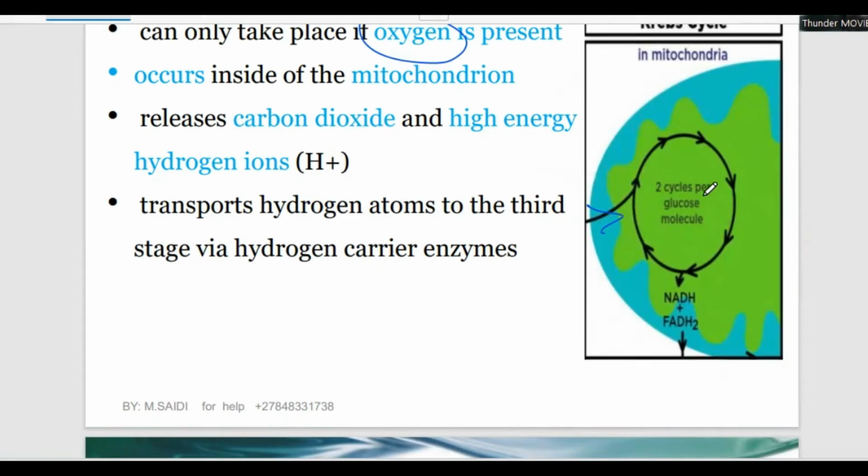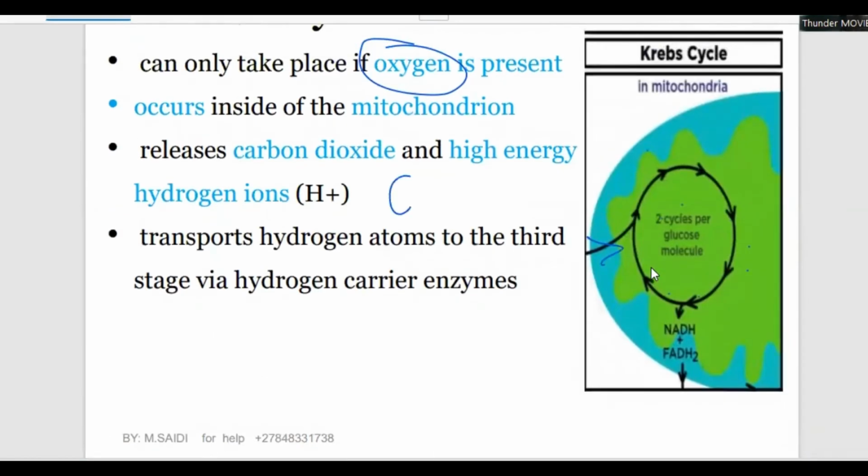These two molecules undergo the cycle one by one. During the cycle, it is broken down and carbon dioxide is produced, plus the hydrogen ion. The hydrogen ion will combine with the NAD, and not only the NAD but also FAD, and then they enter what we call the oxidative phosphorylation.